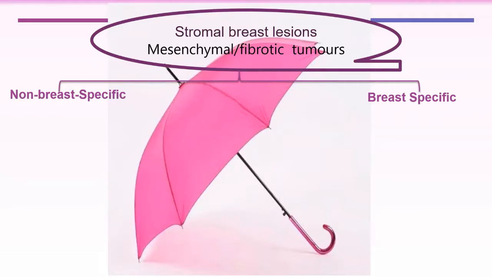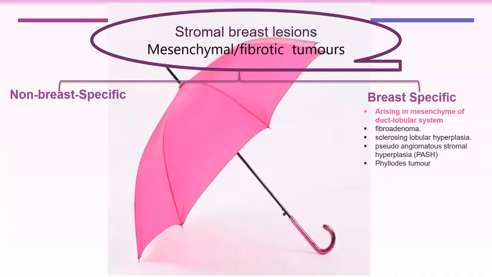Okay, so the breast-specific types arise in the mesenchyme of the duct lobular system. This also includes fibroadenoma, because we said fibroadenoma is biphasic. What does it mean? It has two components: an epithelial component as well as a mesenchymal or stromal component.